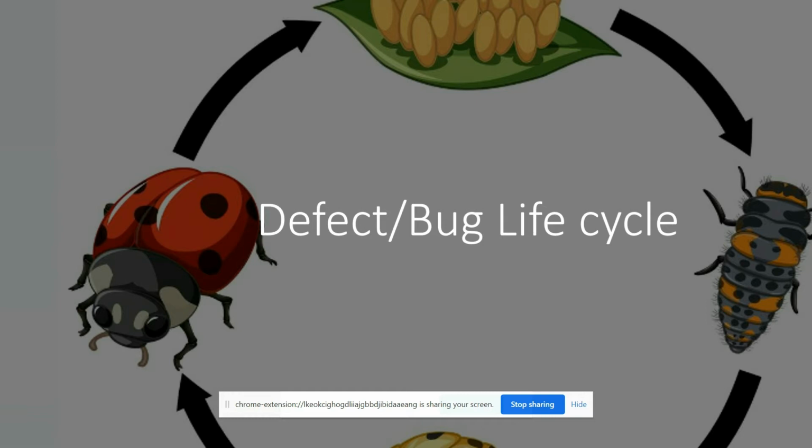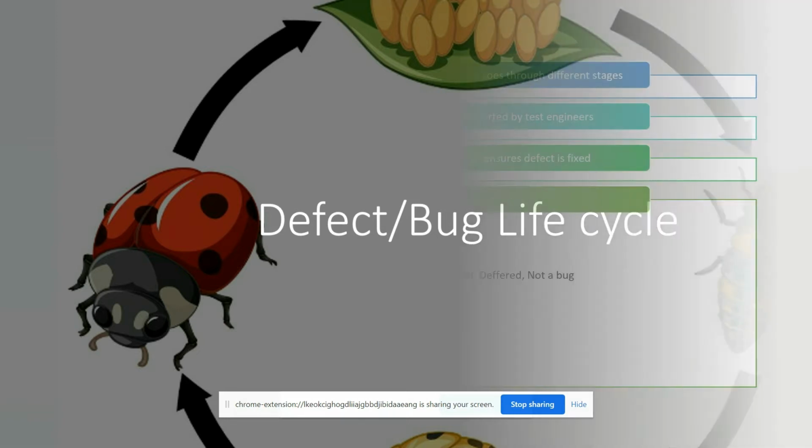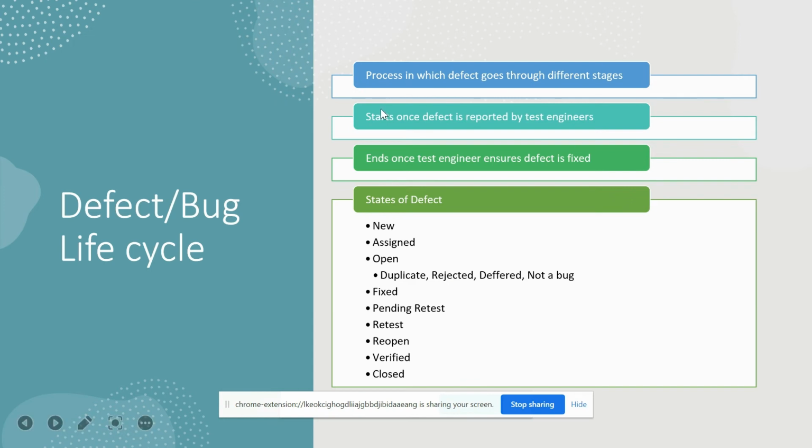It is how, from the initial phase when the tester or QA identifies a defect till the defect is fixed, retested by the tester and closed, all the states the defect goes through. That is called the defect life cycle. It is the process in which a defect goes through different stages.